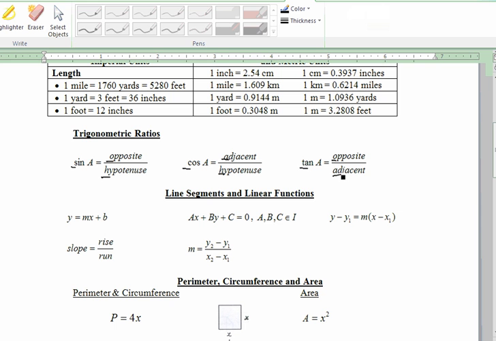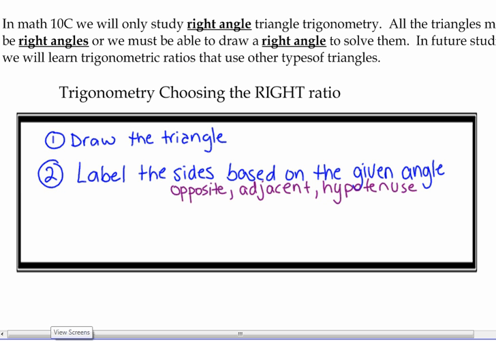T-O-A, toa, SOHCAHTOA. You never heard that before? Sounds like you're soaking your toe, SOHCAHTOA. Okay, SOHCAHTOA. So that's going to help us so that you never really have to look at your formula sheet. And I'll show you what I mean. So going back here, we're going to determine which ratio to use.